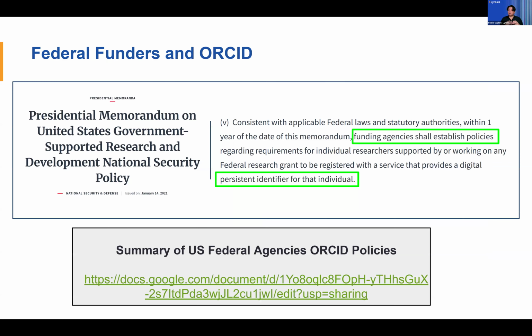And federal funders are also starting to require ORCID IDs or encouraging you to have one. In the past few years, the Presidential Memorandum, National Security Presidential Memo 33, has been asking all of the federal agencies to have some sort of policy when it comes to persistent identifiers for individuals, which is primarily what ORCID is, a persistent identifier for an individual.